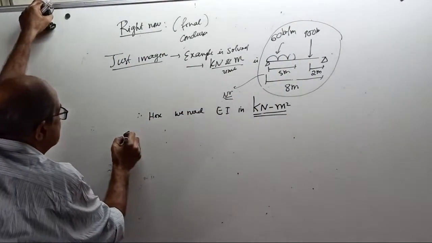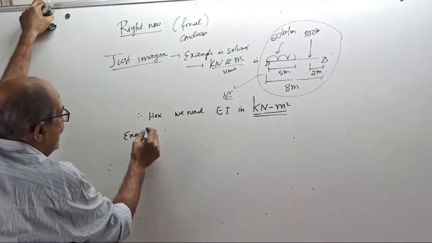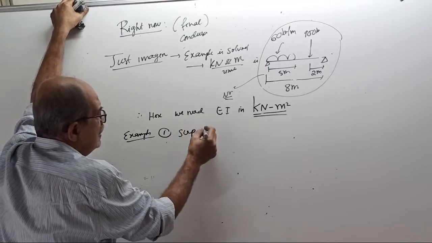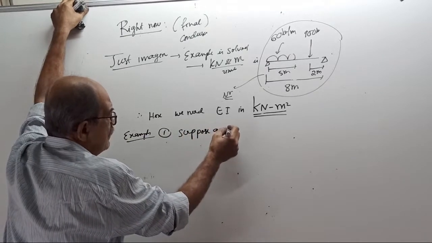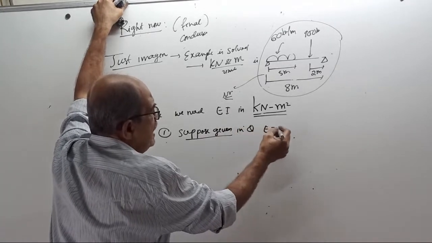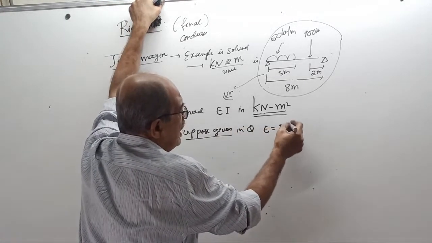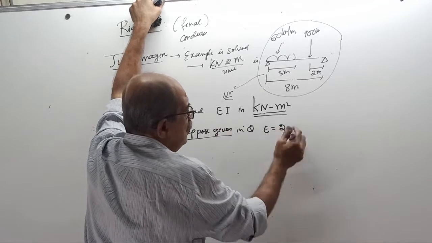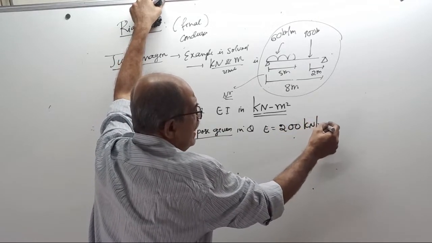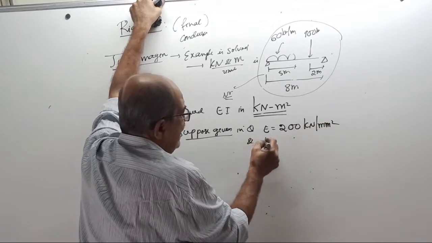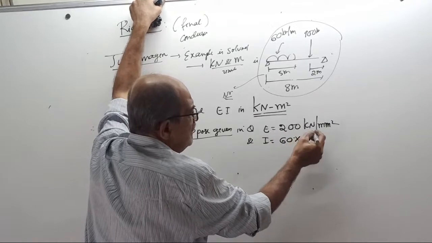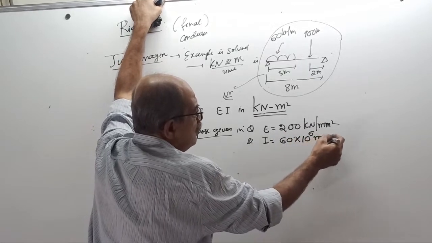Now examples. Example 1. Suppose given in the question, E equal to 200 kilonewton per millimeter square, and I equal to some 60 into 10 to the power 6 millimeter power 4.